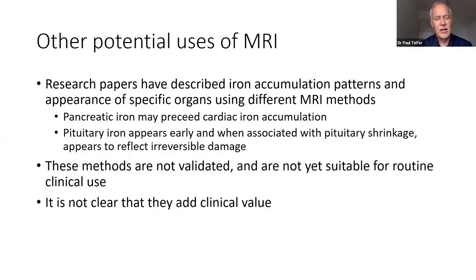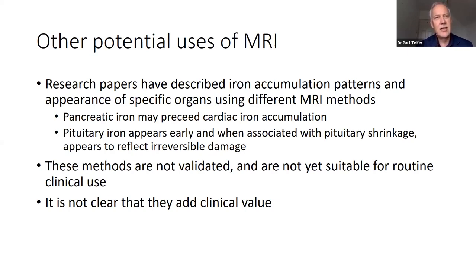And it's also useful in scanning the pituitary because it seems that if the pituitary volume is significantly reduced, that seems to indicate irreversible pituitary damage as a result of iron overload. However, both of these methods and others, again, have not been fully validated.